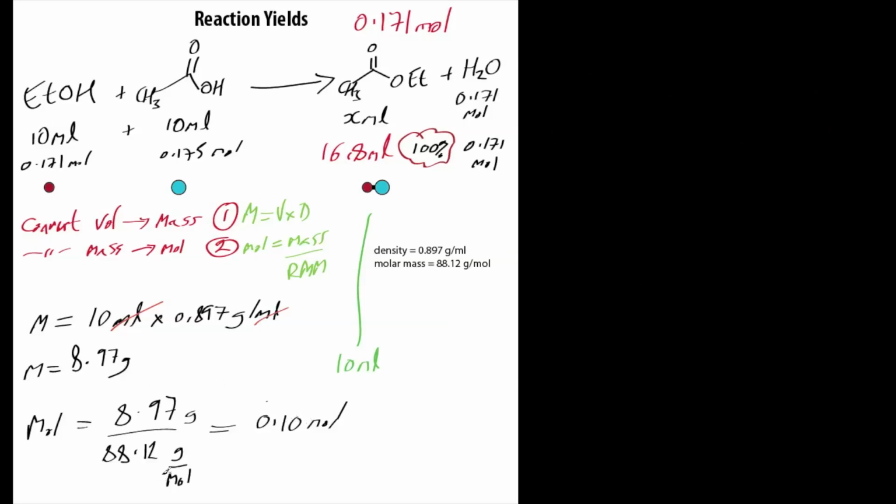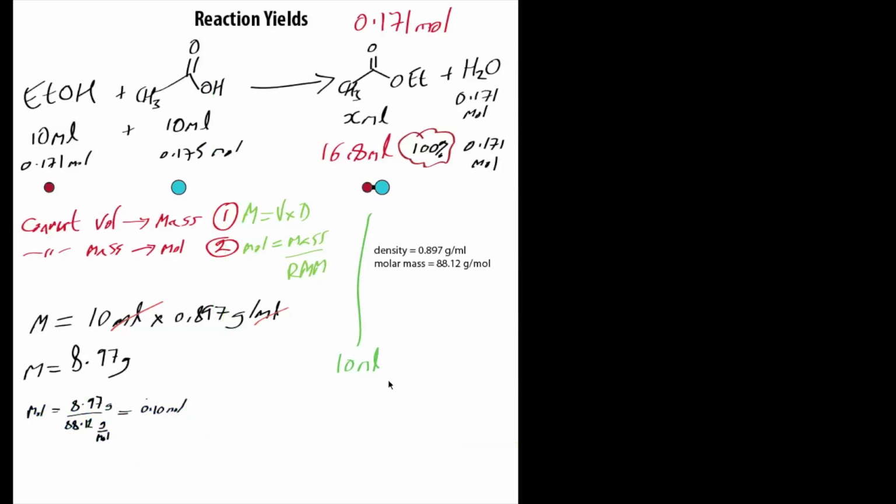I'll just move these over a little bit because I've run out of room again. I always seem to run out of room. Let's just shrink that down. Keep that there. So now we need to work out our percentage yield.